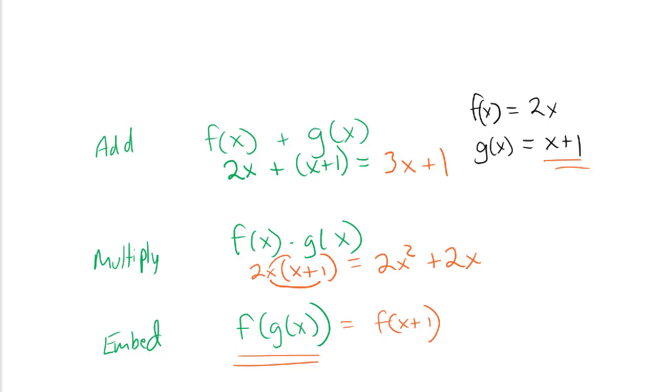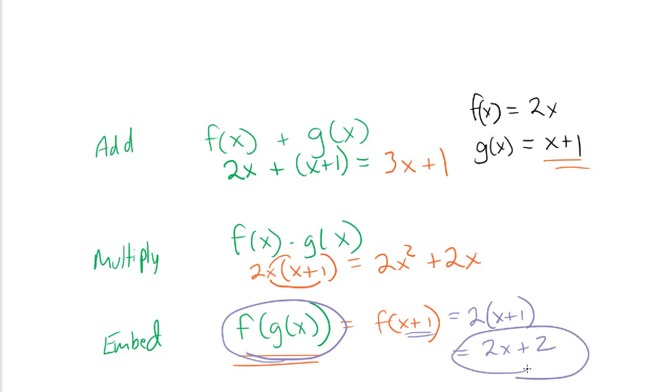And what is f of x? Well, we know f of x is 2x, so 2 times the input. So f of x plus 1 must be double the input, x plus 1, so 2 times x plus 1. I could multiply that out and simplify. The result is 2x plus 2. So f of g of x, that embedded function, is 2x plus 2 given my original functions.